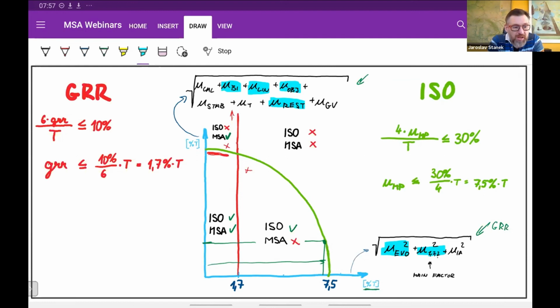And also not to limit the first one if the other is small. So overall, I would say the ISO approach is better. This complex point of view is better.